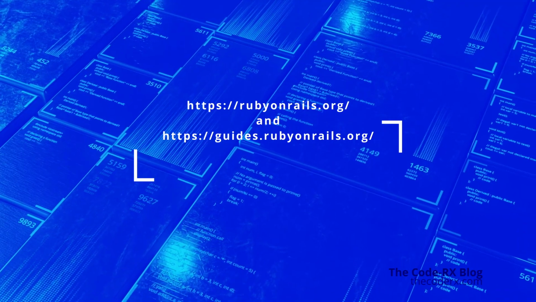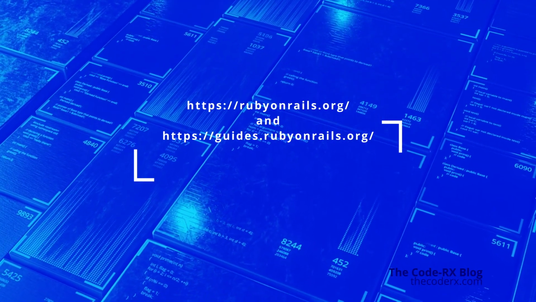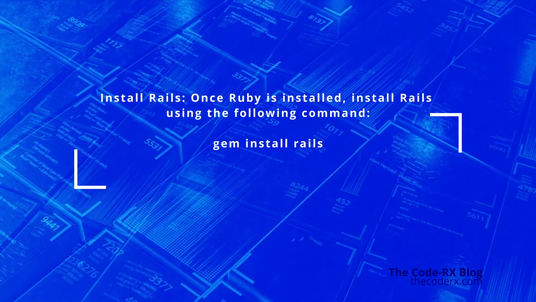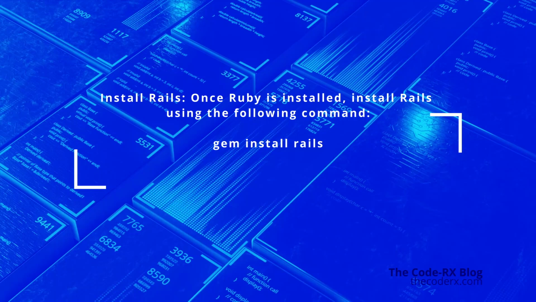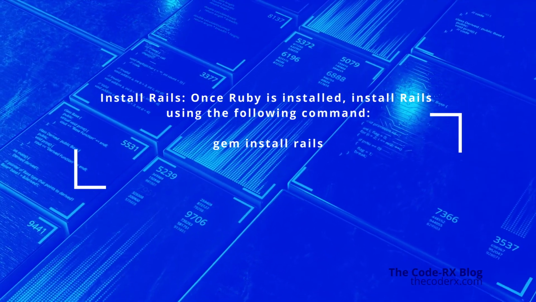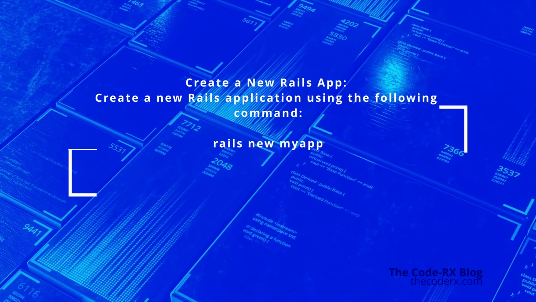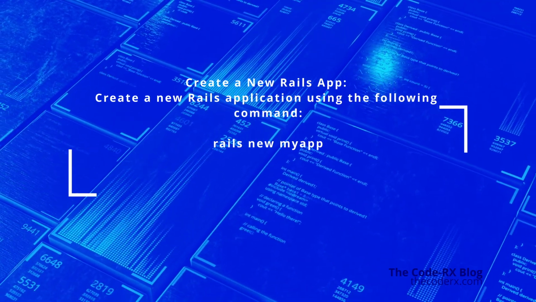And then, once you've done that, you can go ahead and install Rails. You do that by typing the following command, gem install rails. Now, once that's done, you can then create your new Rails application.